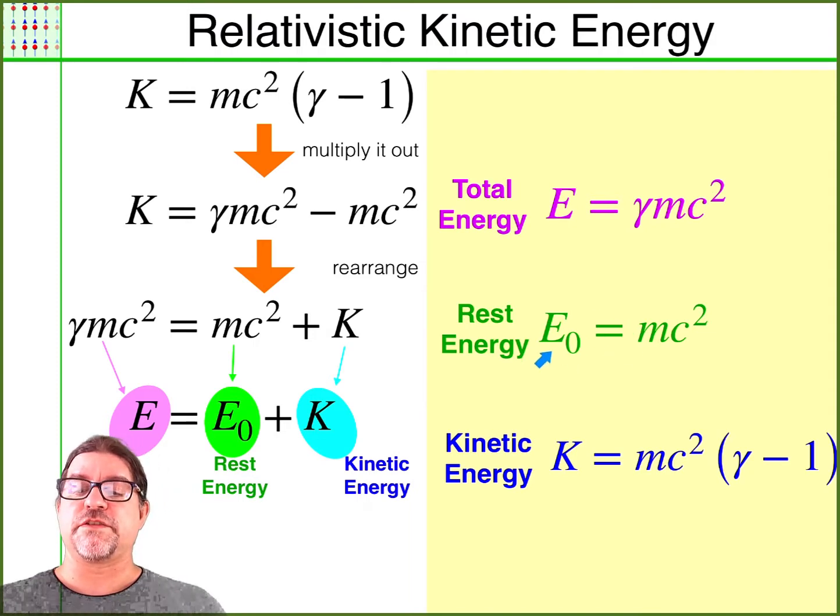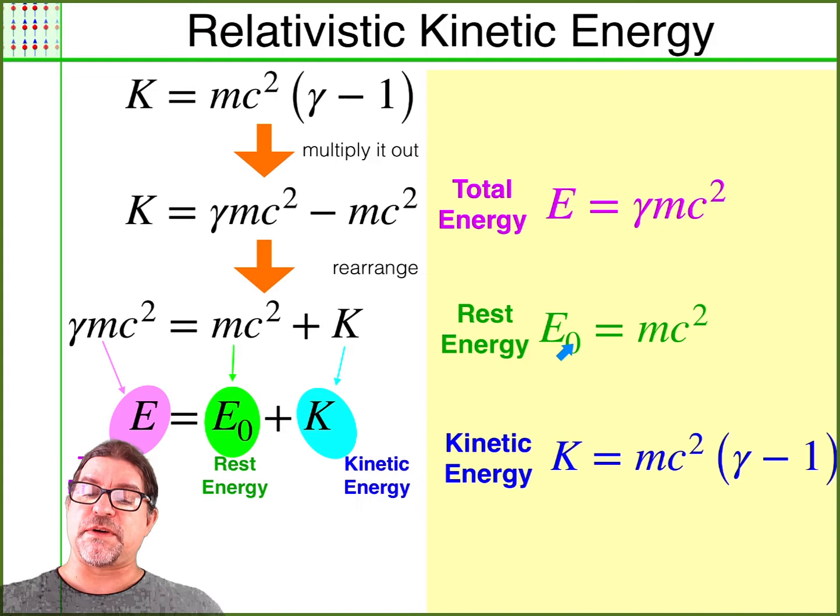It's basically a particle at rest has some inherent energy. We call it the rest energy, and it's mc squared. So you may have seen E equals mc squared before, and that's that expression. The total energy of the particle, if it's moving, will be gamma mc squared. So it's a sum of the rest energy plus the kinetic energy.